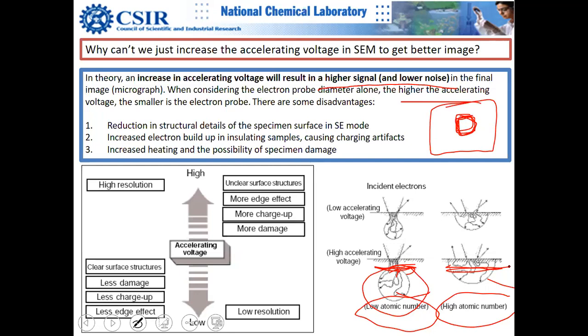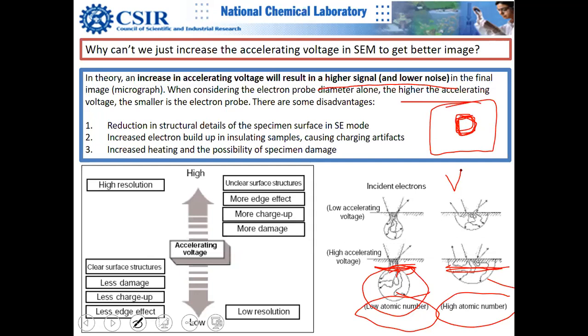Instead of that, if somebody uses FESEM, you increase the current density. When I say density, that means your beam size is smaller, but in the same beam size you have more electrons. You are not increasing the energy in FESEM.